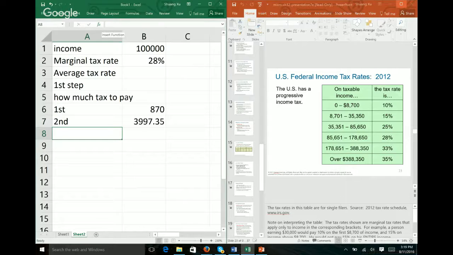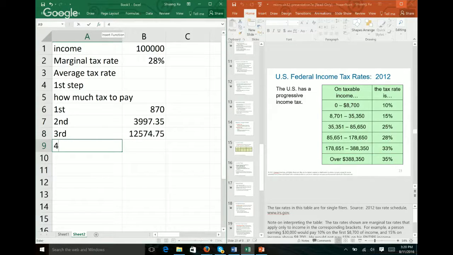And for the third bracket, there's a 25% rate between $35,351 and $85,650, so that's $12,574.